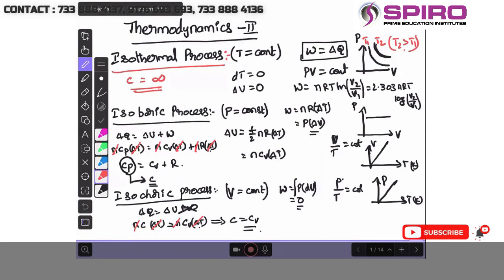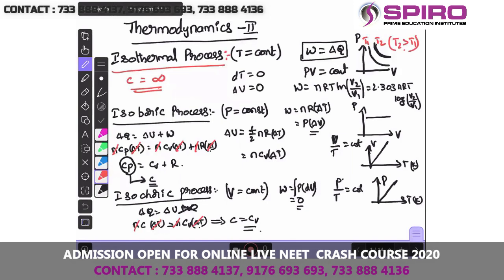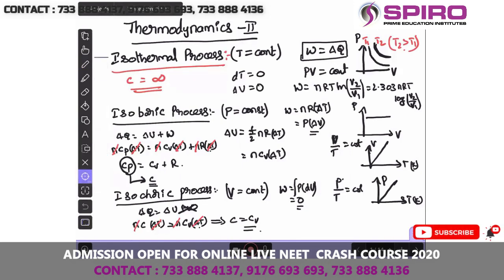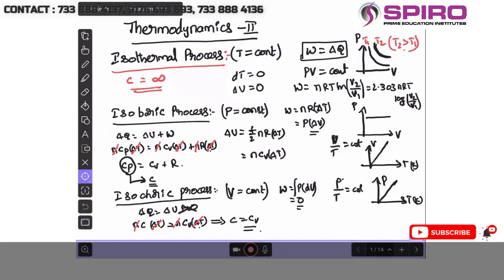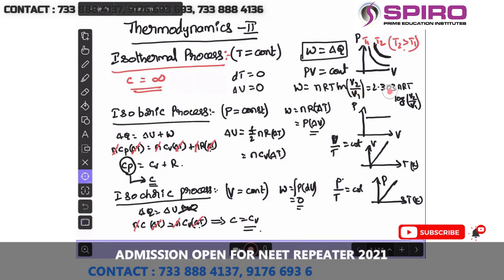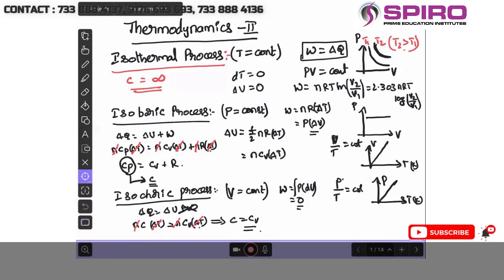Now we are coming across the isothermal, isobaric, isochoric and adiabatic processes. In the isothermal process, the temperature is constant, and work done is the heat energy supplied. That's why internal energy change will be 0, and isothermal work done can be written as nRT ln V2 by V1, and in decimal log as 2.303 nRT log V2 by V1.